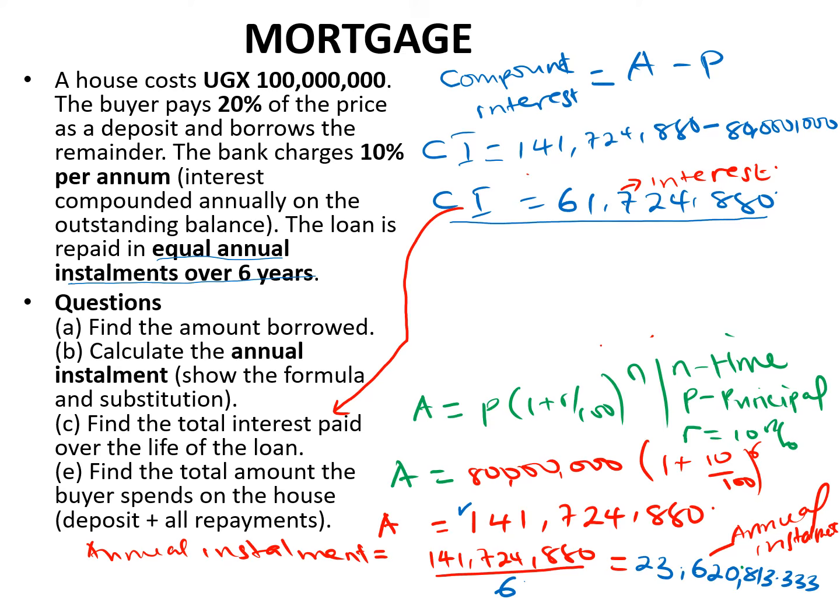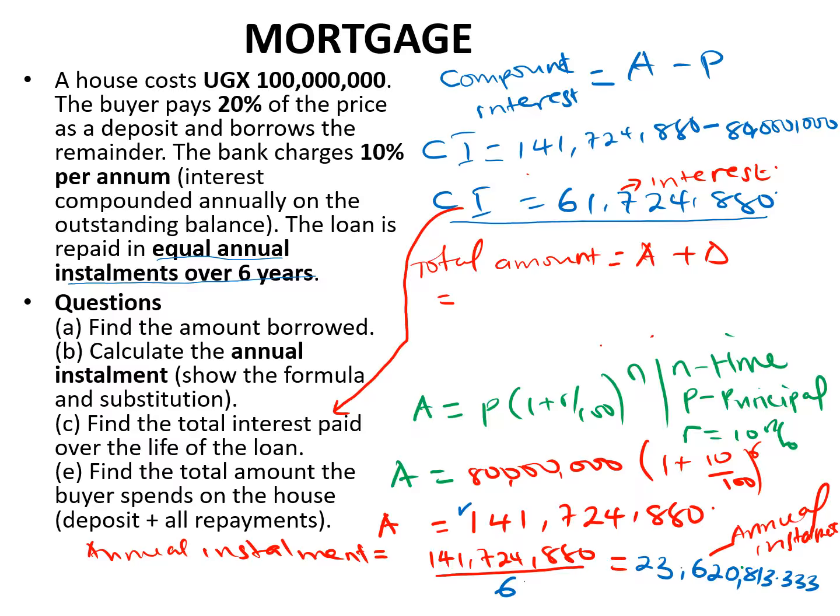Then part E says, find the total amount of money one spends on the house. That is deposit plus all repayments. So we shall say that total amount is equal to amount then plus deposit.